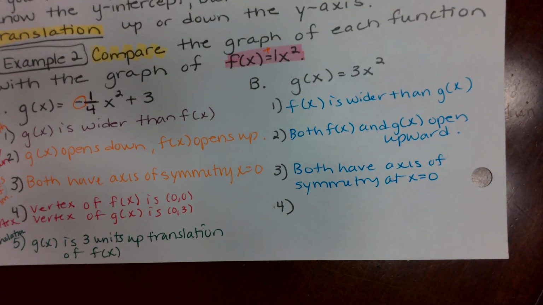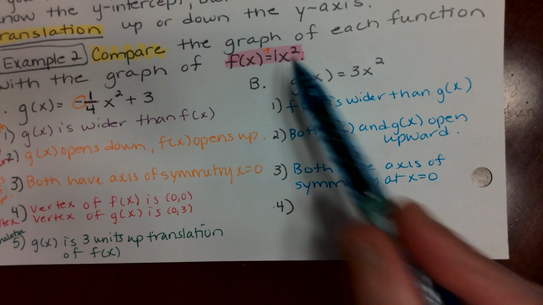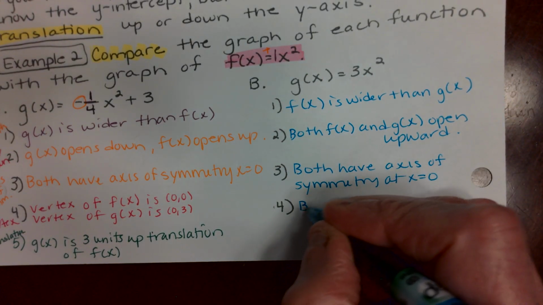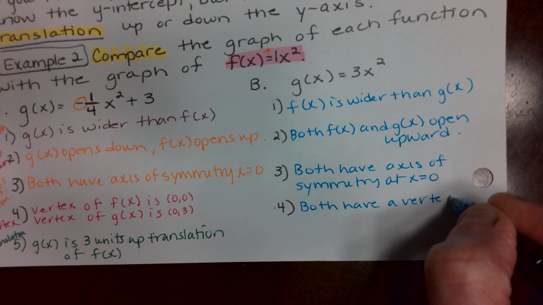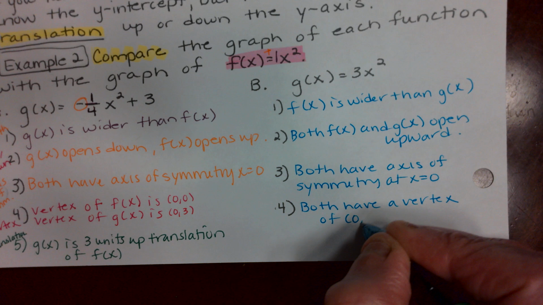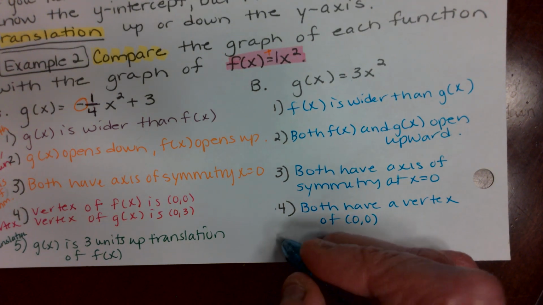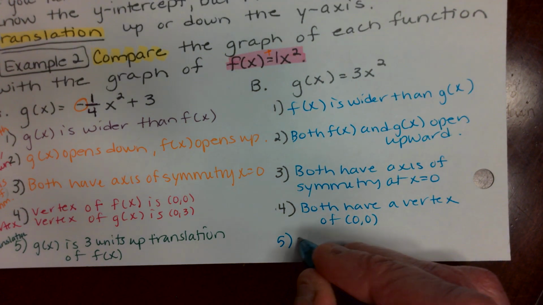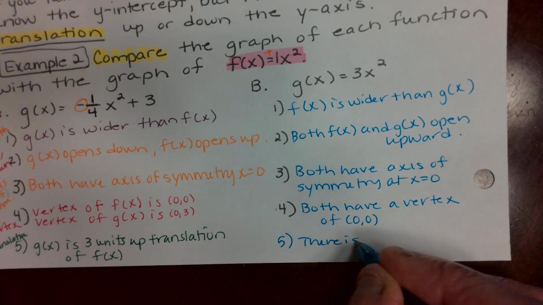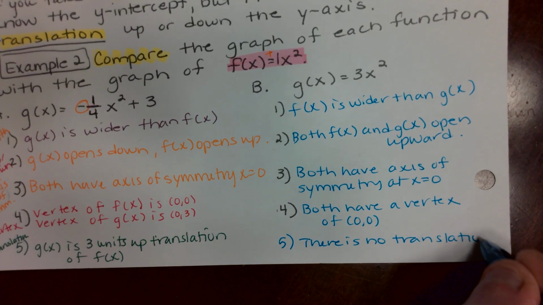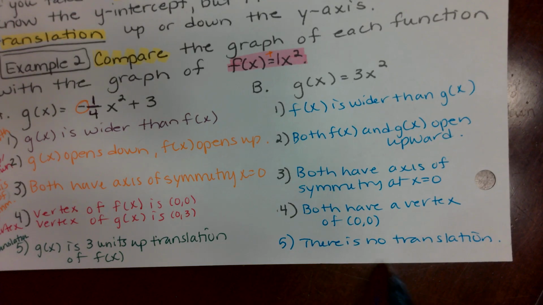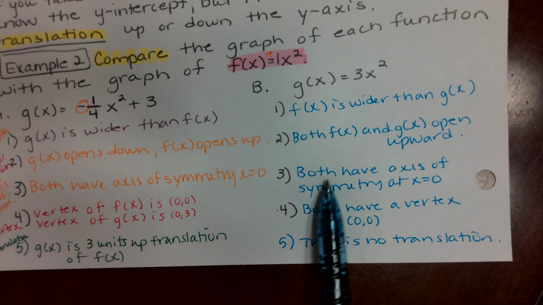And then the vertex: because there's no movement up or down, the vertex is also the same for both. So both have a vertex of 0, 0. And if you want to talk about the translation, there is no translation, so I probably wouldn't choose that one since nothing happened there and you're not really telling me anything. I would pick 3 of those.